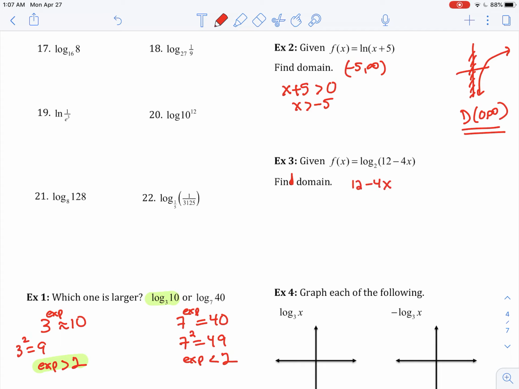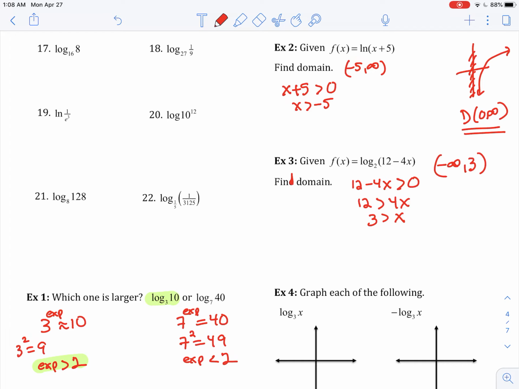So the expression that you are taking the log of, 12 minus 4x, needs to be greater than 0. Or in this case, 12 has to be greater than 4x, or x has to be less than 3. So our domain is going to be from negative infinity up to 3, not including our 3.